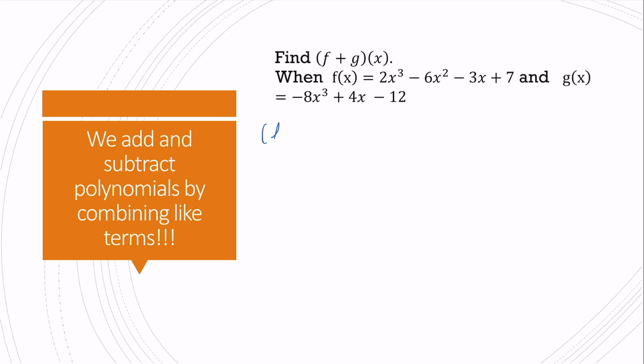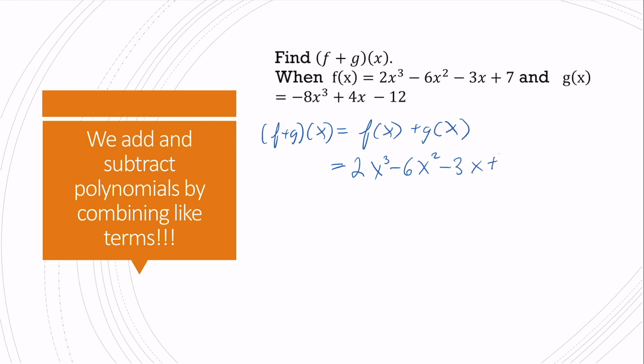So I'm going to take f plus g of x. That means I'm going to take f of x plus g of x. Well, f of x is 2x cubed minus 6x squared minus 3x plus 7. I'm going to add that to negative 8x cubed plus 4x minus 12.